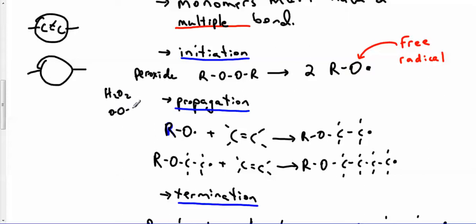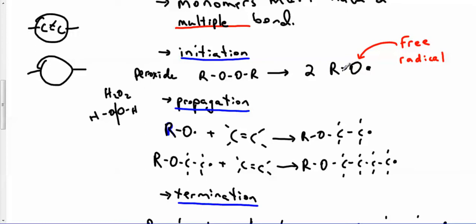It's O attached to an O attached to an H attached to an H. This O-O bond will break, and I will be left with two OH molecules, and O is only making one bond, so it has an electron here that's not being used in bonding. It's called a free radical, and this guy is desperate to react with something.